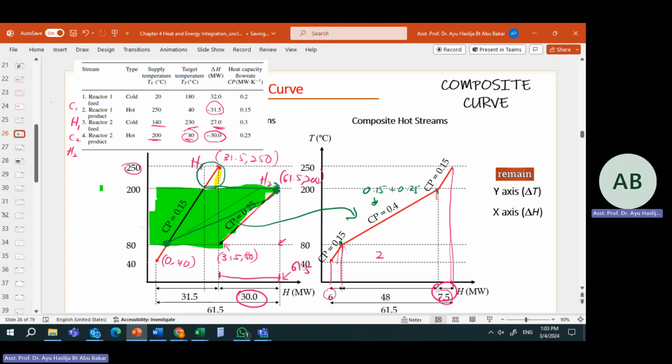I already explained just now. Focus on my lecture. Stop playing with your phones. Focus on my lecture. How do we get this 7.5? Can you read?